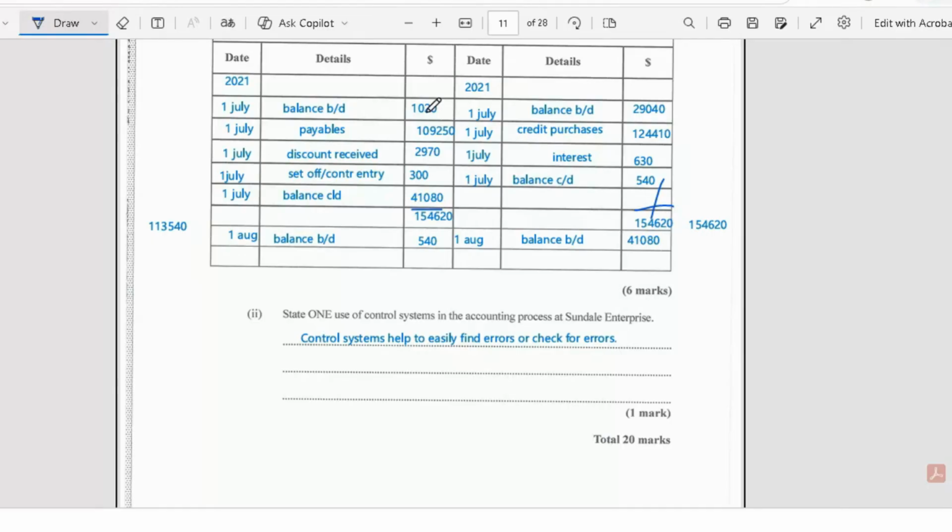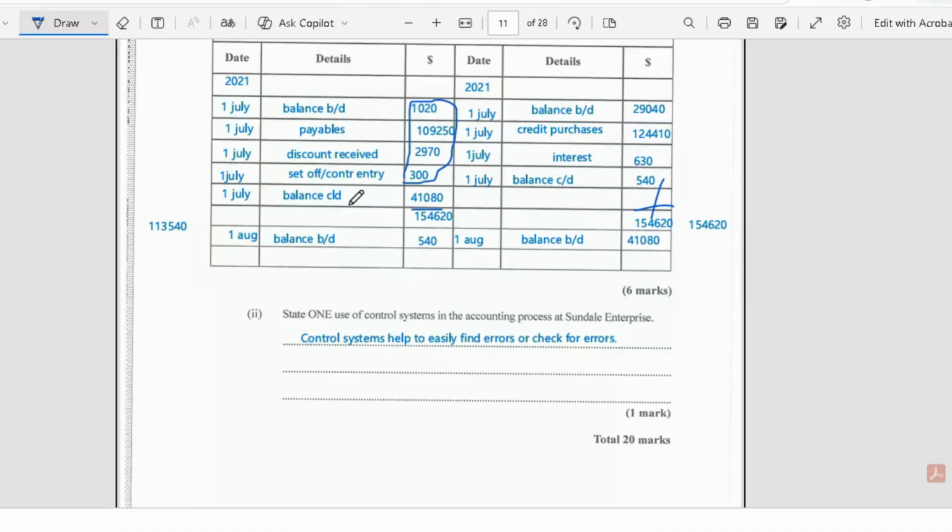And then I subtracted what I got from here out of my total. So I got 113,540, and I subtracted from 154,620, which gives me 41,080.